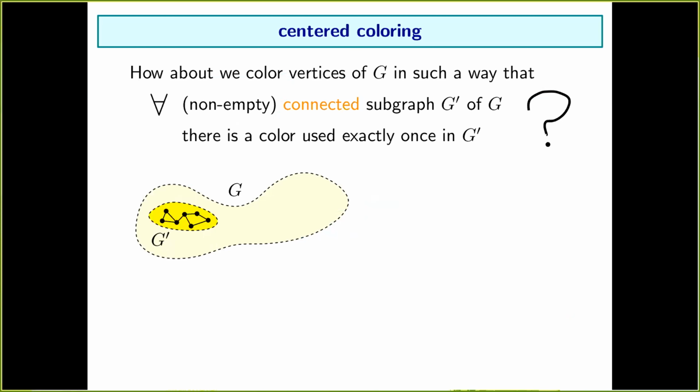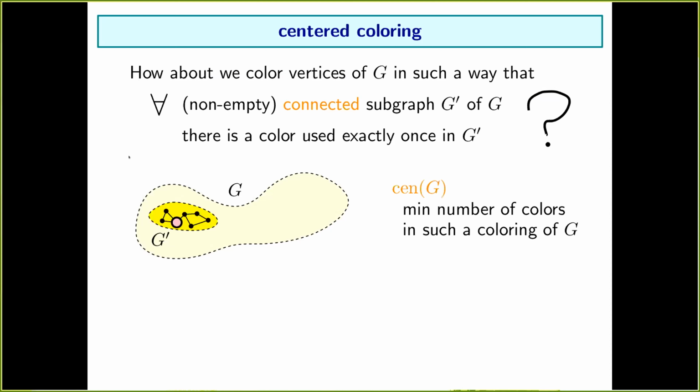That's a fancy coloring. So we have a graph, and then for every connected, obviously non-empty subgraph of it, we require in our coloring that there is a color that is used exactly once here in this yellow area. And then the coloring is okay.